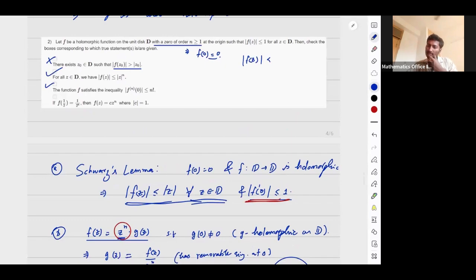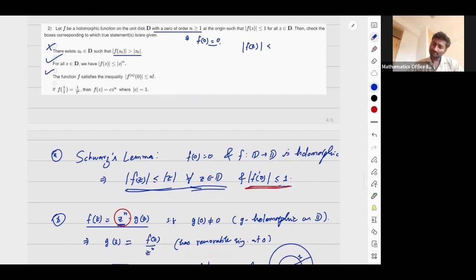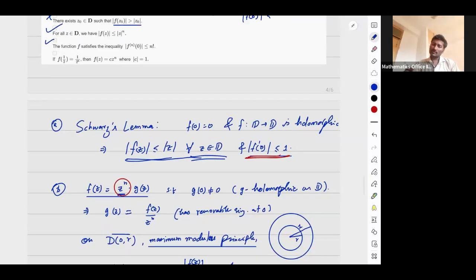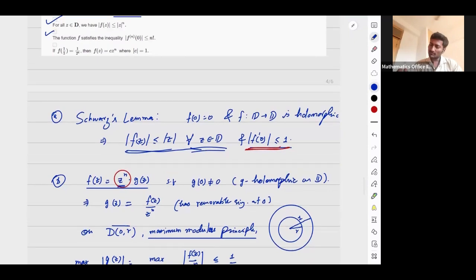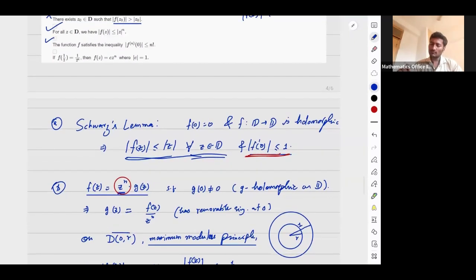A function that satisfies the inequality, it is done. f of 1/2 is (1/2)^n. So g of 1/2 is equal to 1, right?